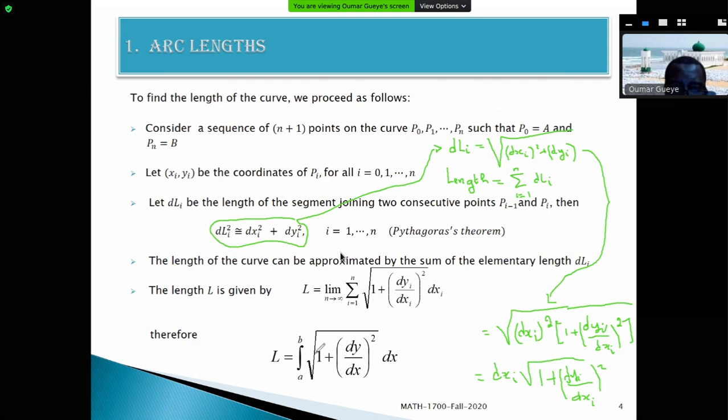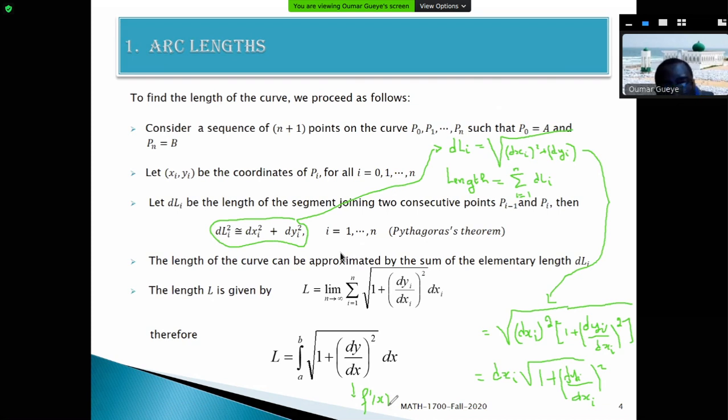And that integral is exactly equal to the integral from a to b of the square root of 1 plus dy over dx, squared. Just keep in mind, dy over dx is the derivative of y with respect to x. In our case, this is just f prime, because at the beginning I said y equals f of x. So dy by dx is just f prime of x.